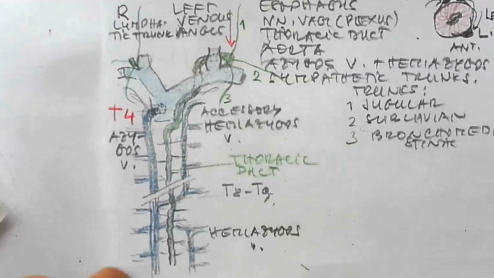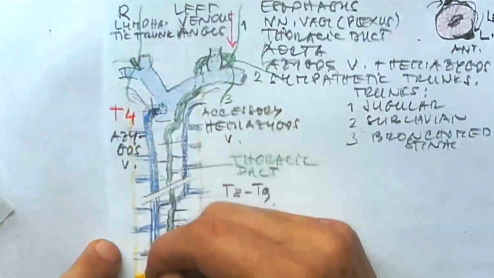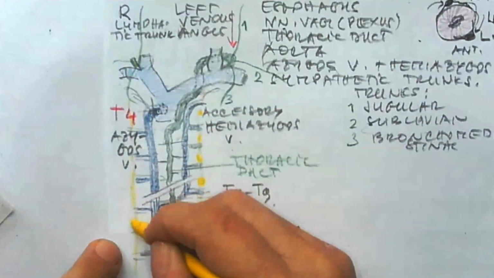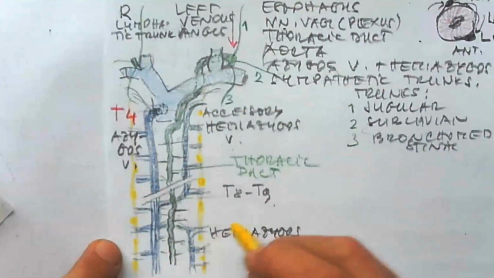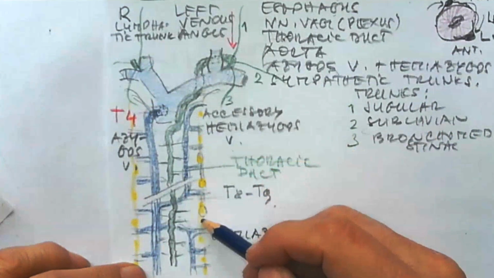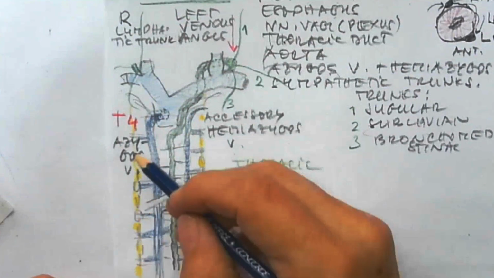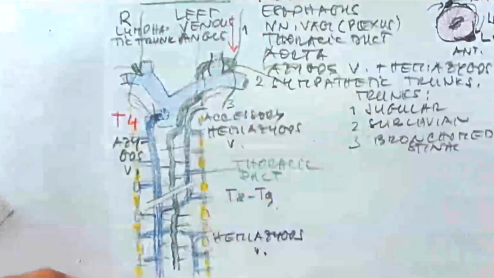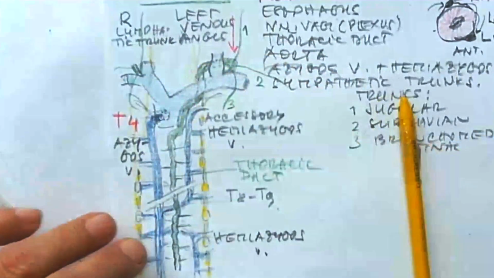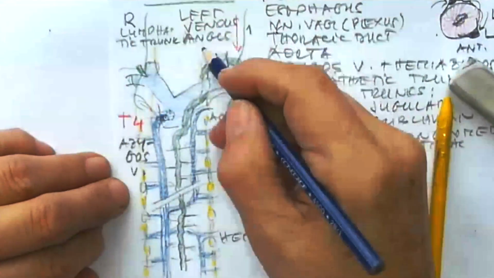Now fine. And the last structure must be mentioned on both sides of the vertebral column: run the sympathetic trunks, just sketching sympathetic trunks. We remember that the sympathetic trunk consists of ganglia interconnected by interganglionic tracts, and so on. It lies behind. Not a mistake, just we have to be careful when we draw something, it lies behind.